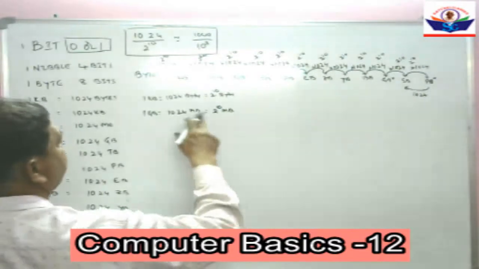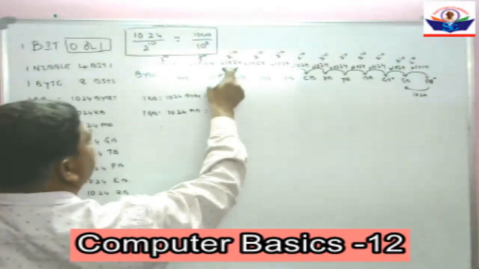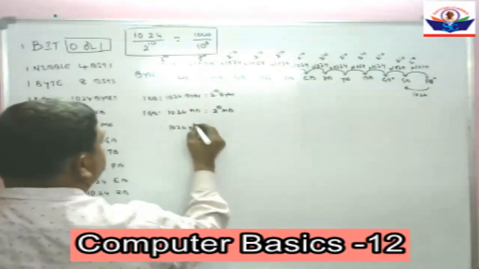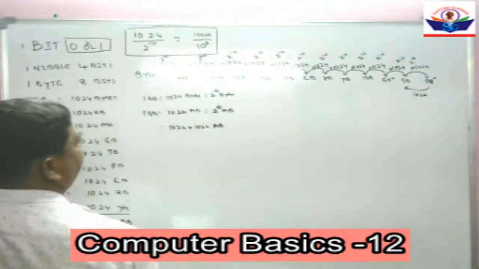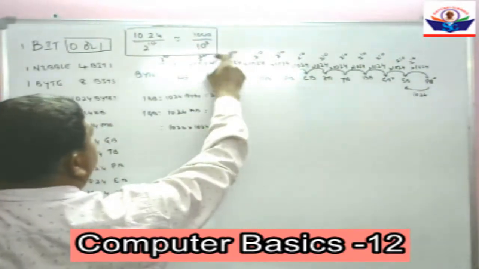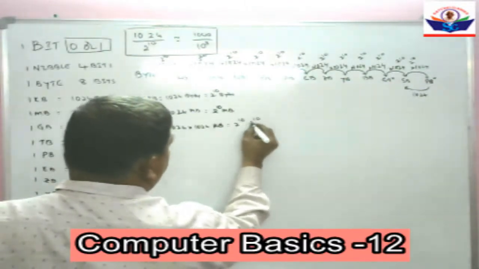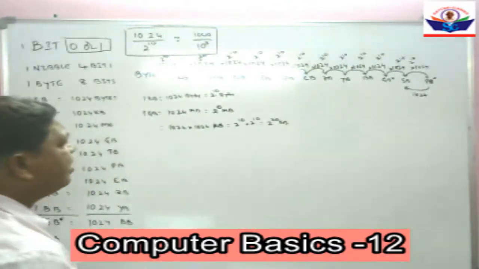The same can be written by seeing this figure. We can write 1 GB is equal to 1024 into 1024 KB, which is equal to 2 to the power of 10 into 2 to the power of 10, that is equal to 2 to the power of 20 KB.